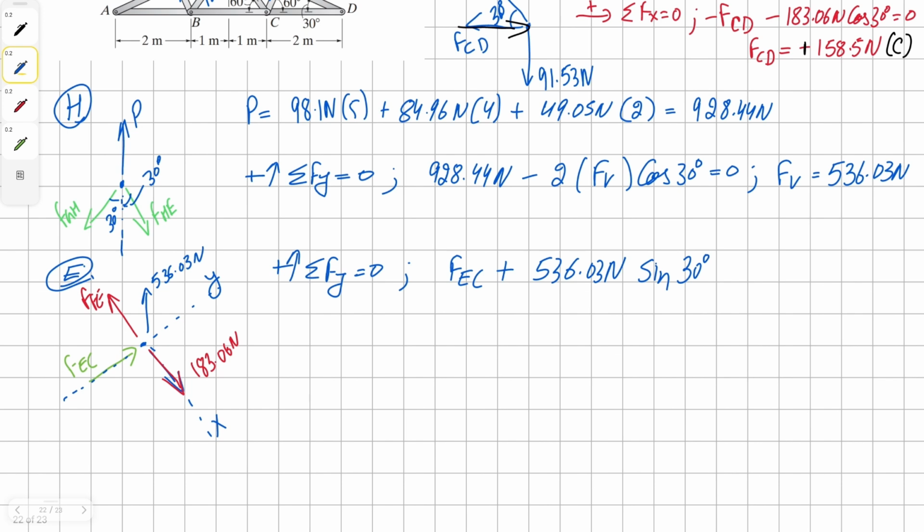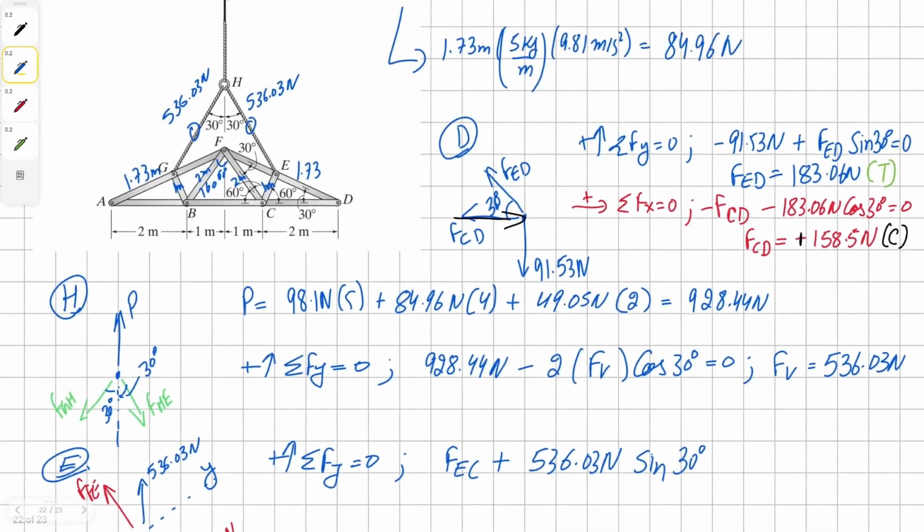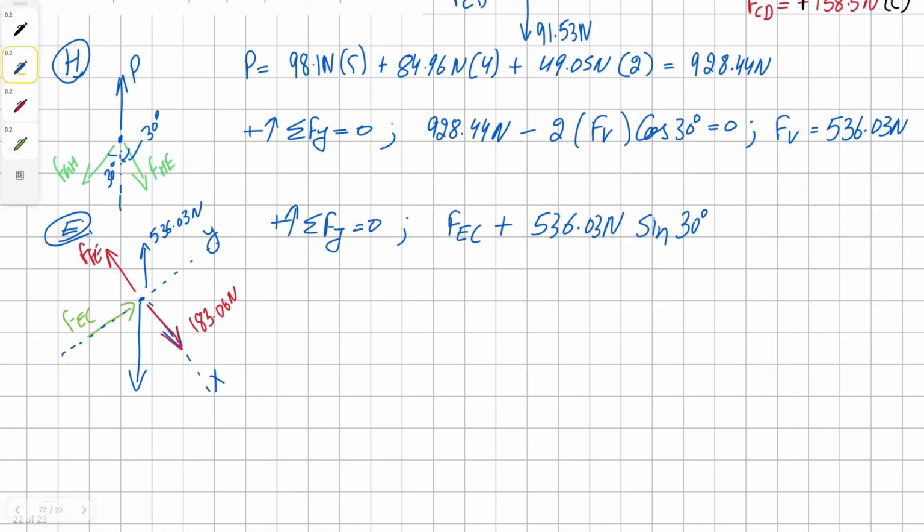So therefore, at E, we're going to have a load downwards, and it is going to be the sum of ED and EF plus EC all divided by 2, which comes up to be 109.49 newtons.